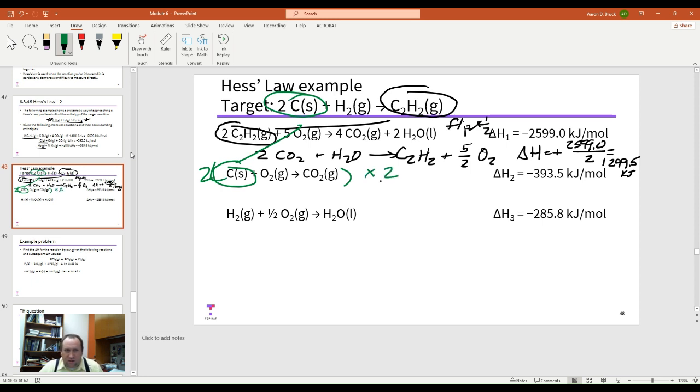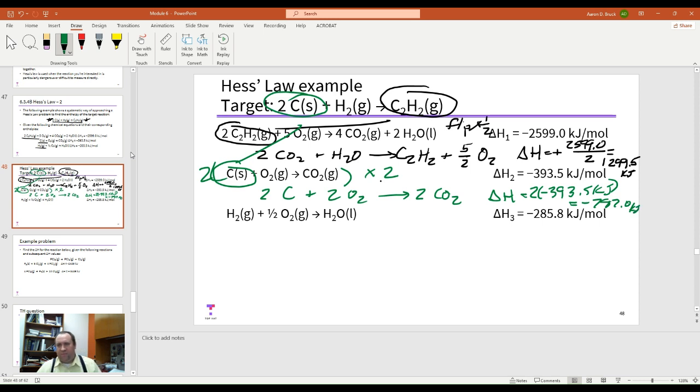When I do that, 2 carbons plus 2 oxygens give me 2 carbon dioxides. The delta H value is going to be double the original value. And so 393.5 times 2 is going to be negative 787.0 kilojoules.